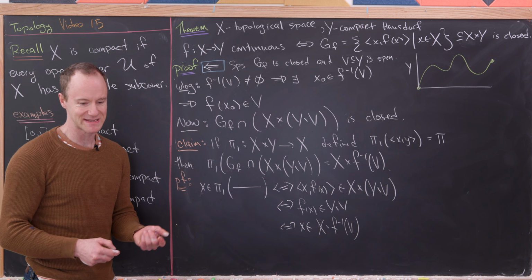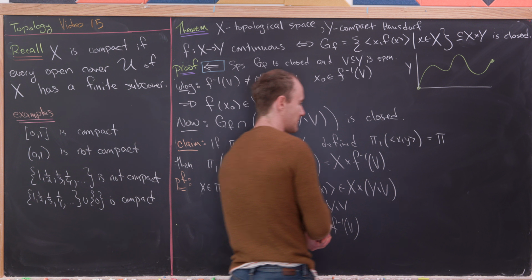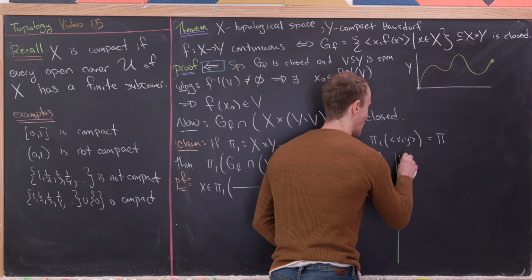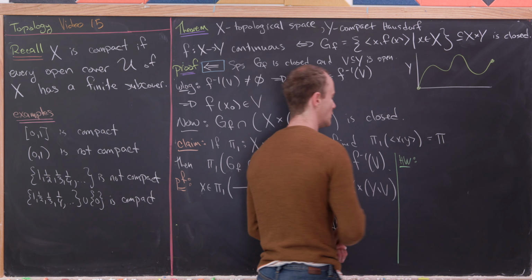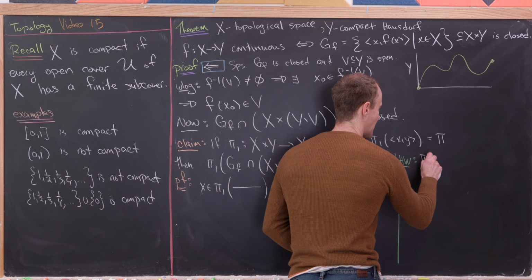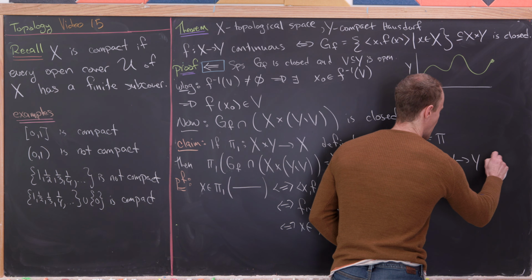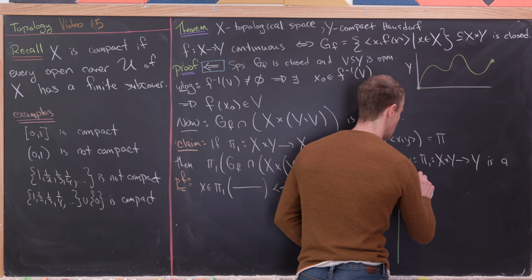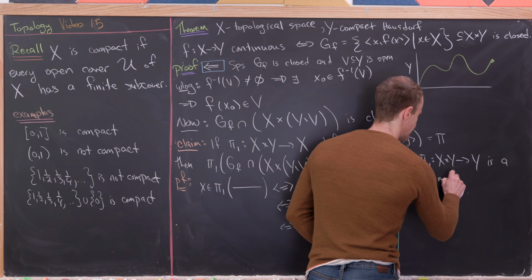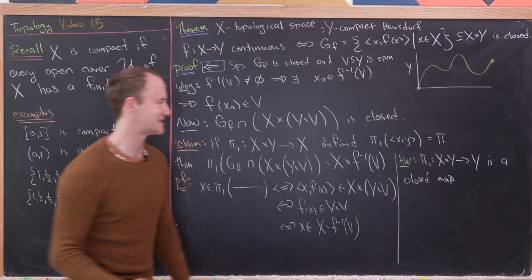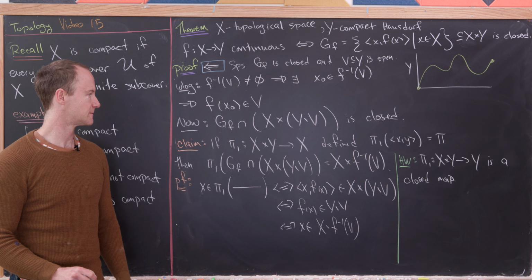But now, how does that finish it off? Well, this actually gets finished off with a homework exercise, which is this map pi1 from X cross Y to X is a closed map. So if it's a closed map, it takes closed sets to closed sets.